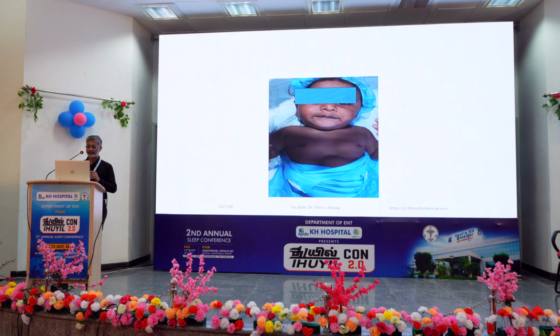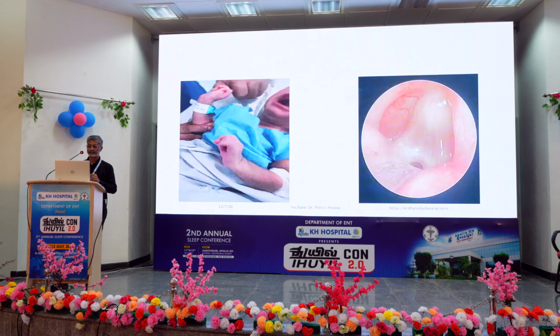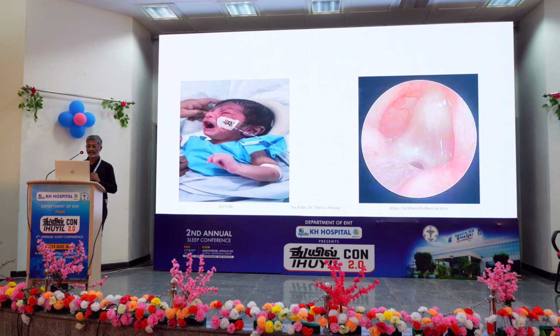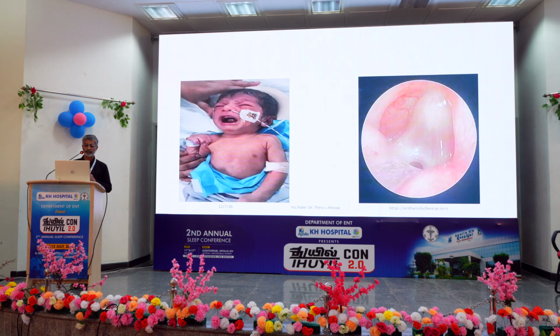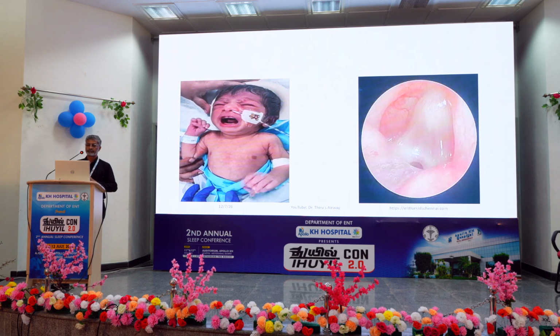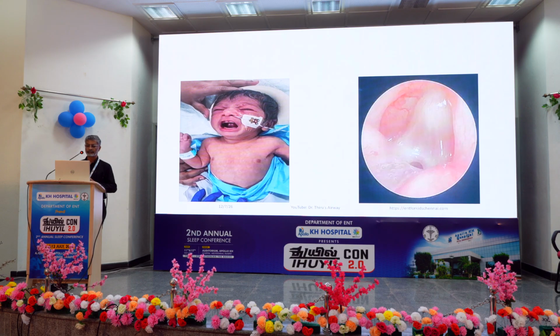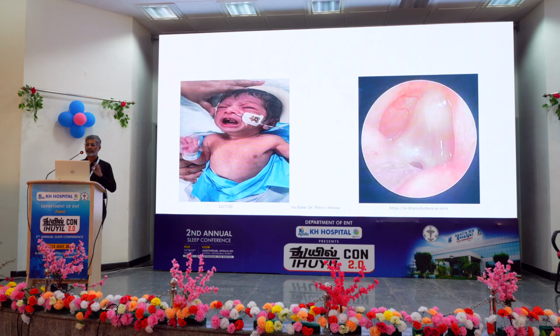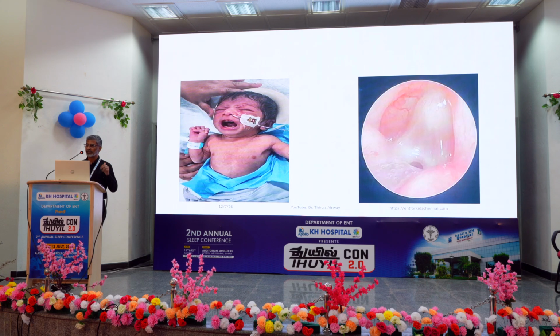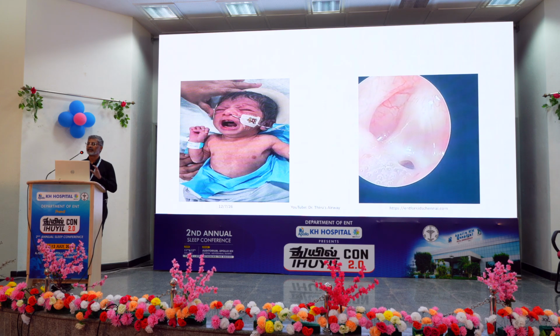So this child, this is a DiGeorge syndrome, and there is stertor. And also, if you notice, there is no proper voice. So that means there is something else. See that?